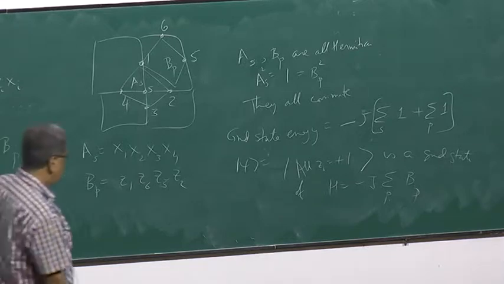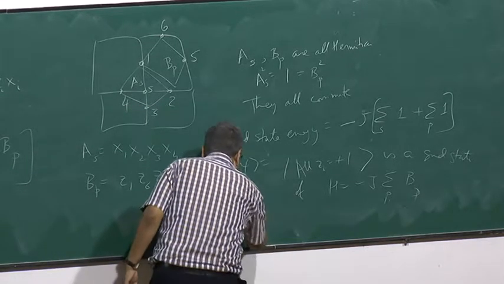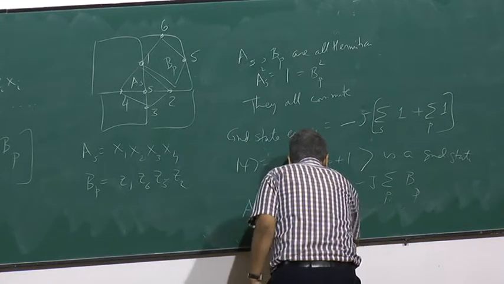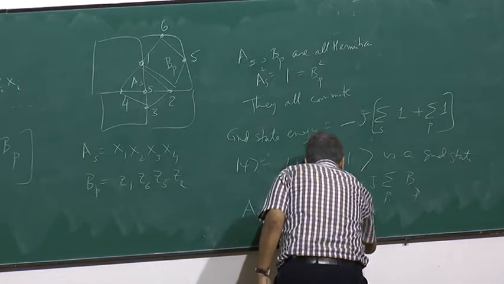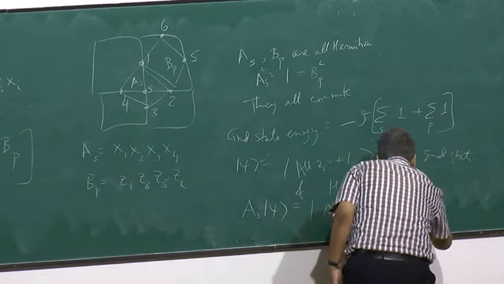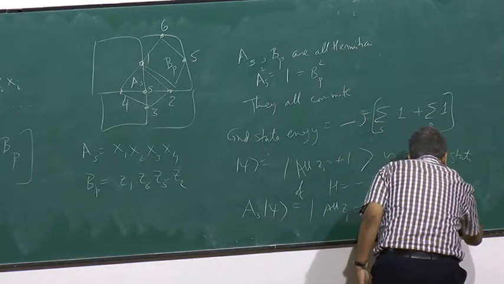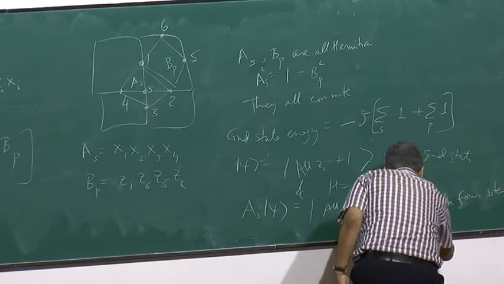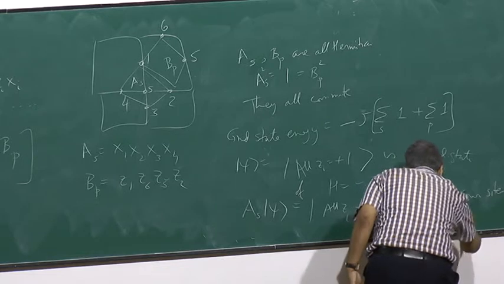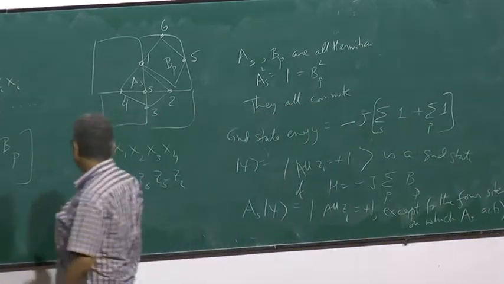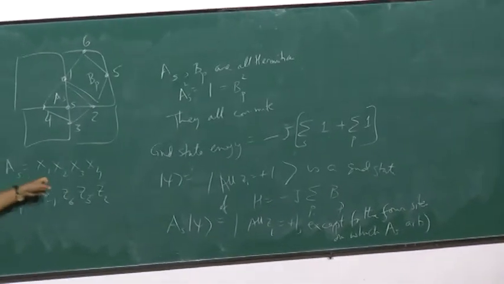In fact, you can see that if you act with A_S on psi, then this is a state where all Z_i are equal to plus 1 except for the 4 sites on which A_S acts, and A_S is a product of sigma x's.